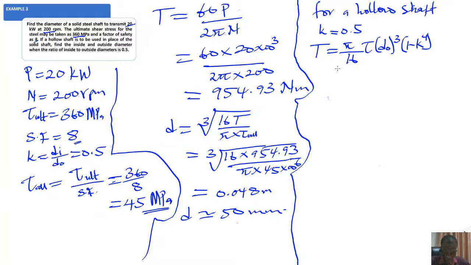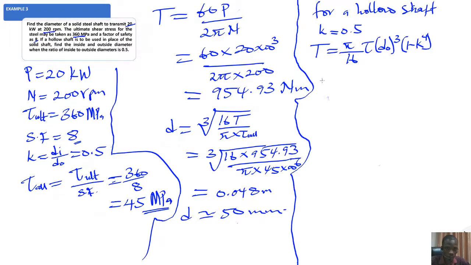Now from here, we know tau, we know K, it has been given to us, but we don't know D. D is what we are to determine. So to determine D, we can make D naught the subject in that equation.